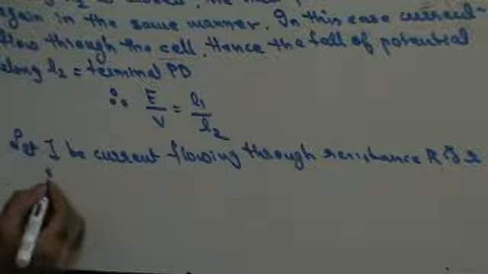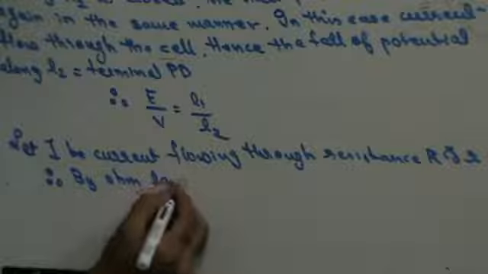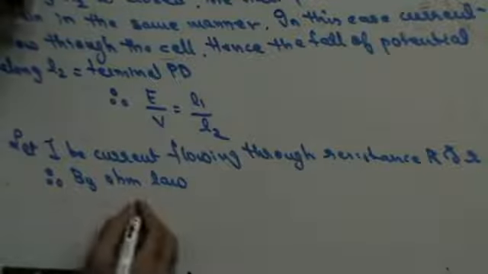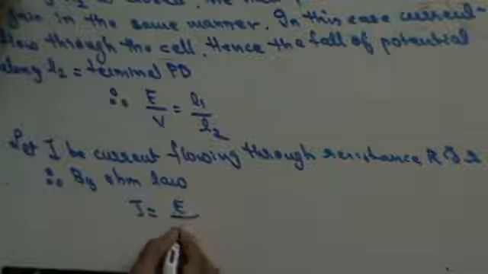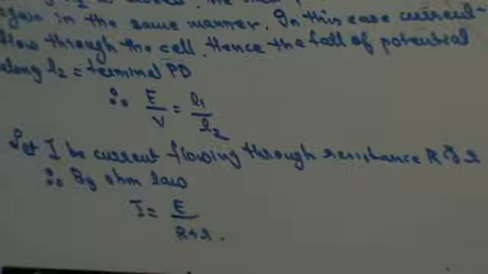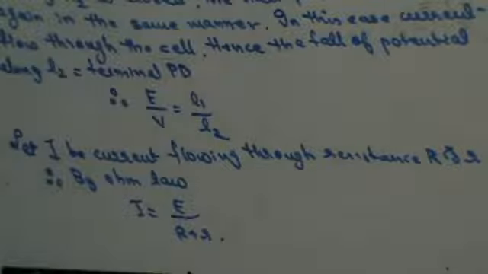Then by Ohm's law, I is equal to E upon R plus r. Also, I is equal to V upon R.